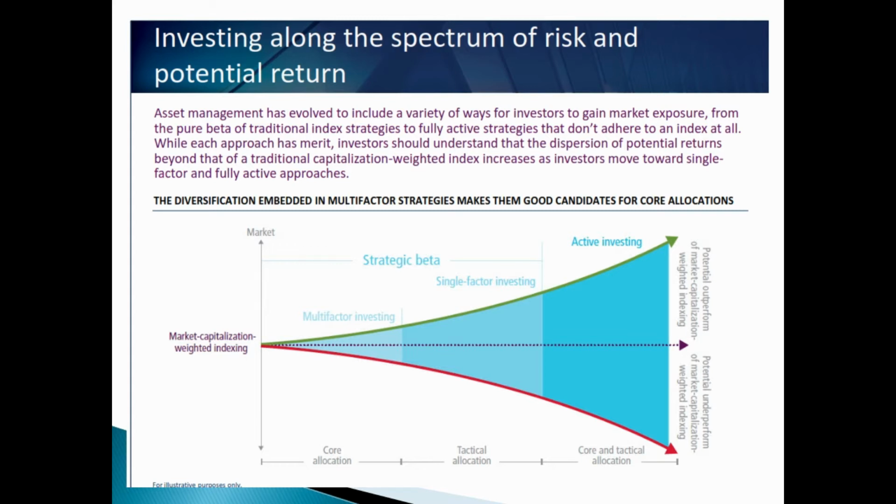So it could be making good decisions and doing much better than a market cap weighted index, or worse. So in between the left-hand side of market cap weighting and the right-hand side of active investing, we see where strategic beta fits. So it's along this continuum, and it comprises both what we call multi-factor investing as well as single-factor investing, and we'll look a little deeper in a moment at what these terms mean.